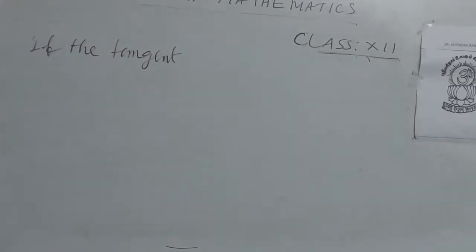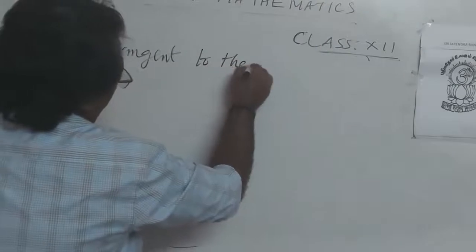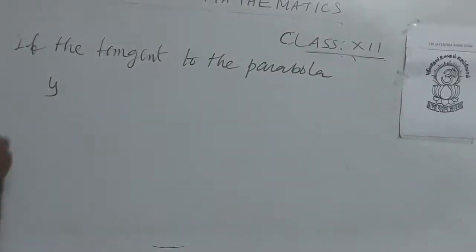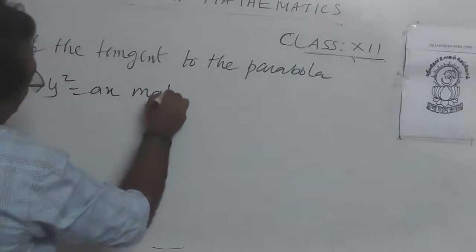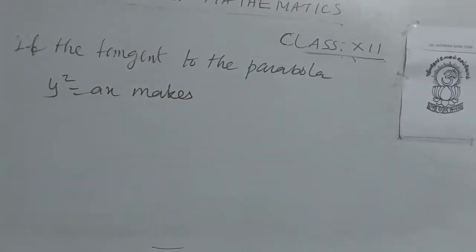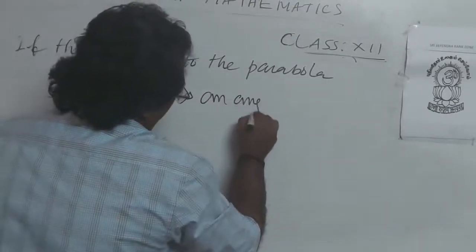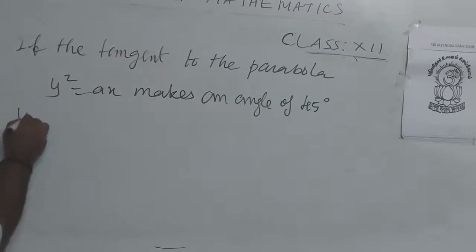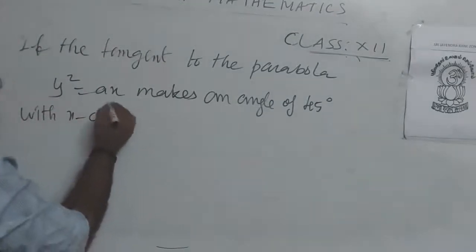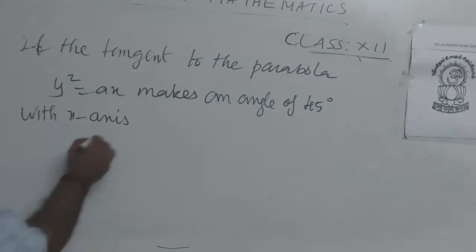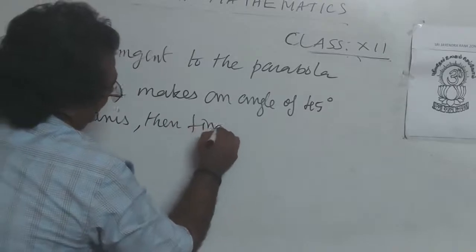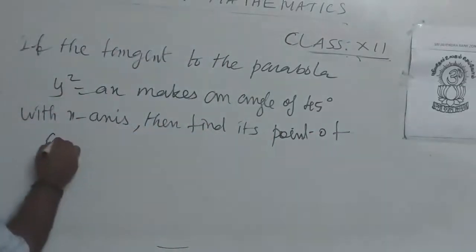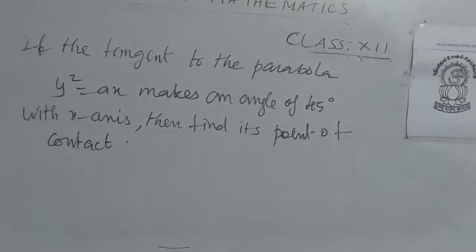The tangent to the parabola y squared equals ax makes an angle of 45 degrees with the x-axis, then find its point of contact.